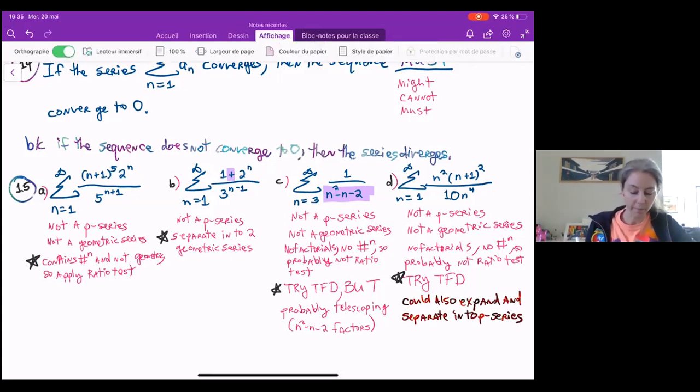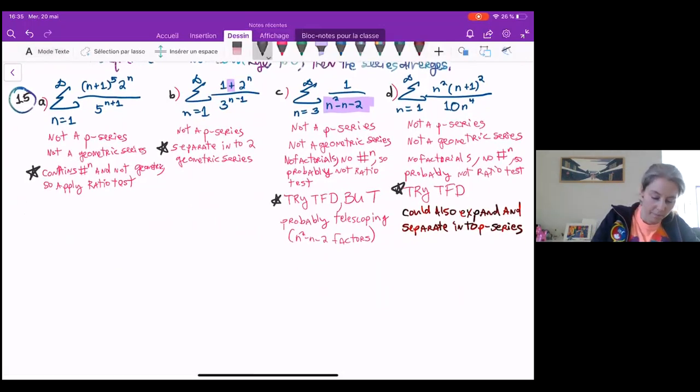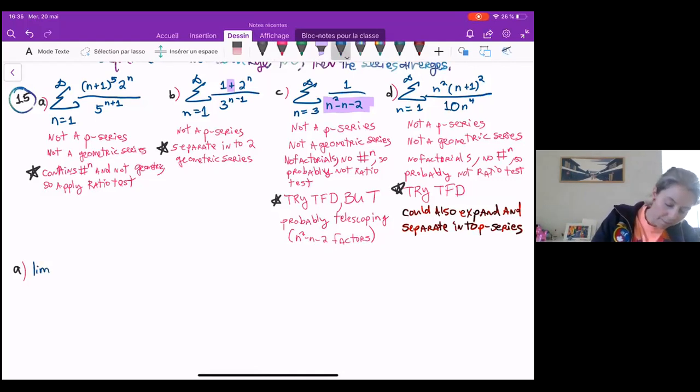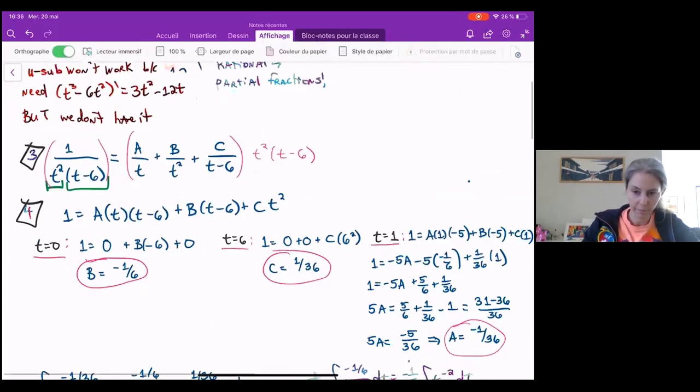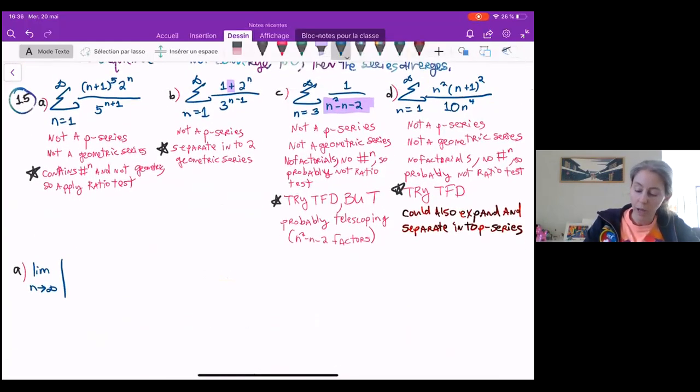Okay, let's do it. For A, we're applying the ratio test. You guys ready? All right, let's apply the ratio test. So the ratio test says, do the limit as n approaches infinity of the absolute value of the series, but I'm going to plug in n plus 1.